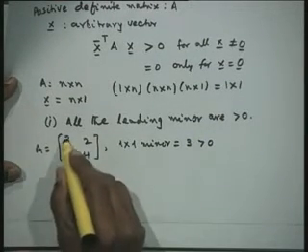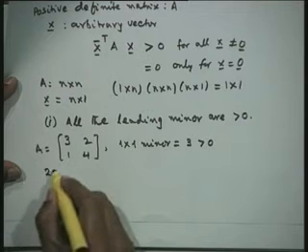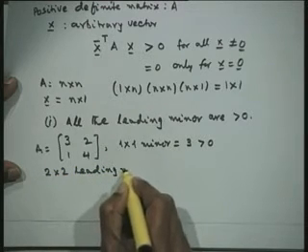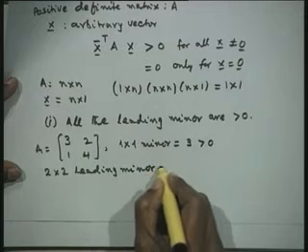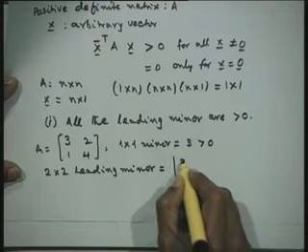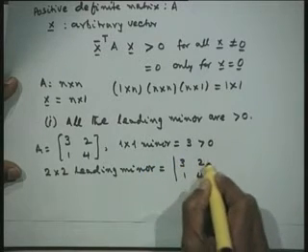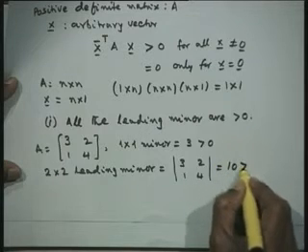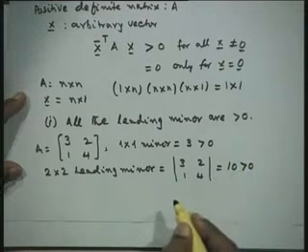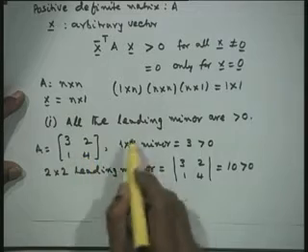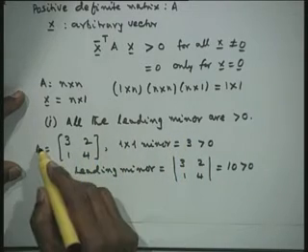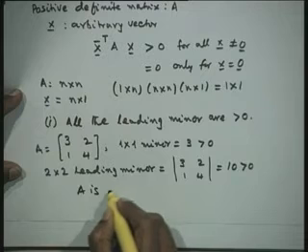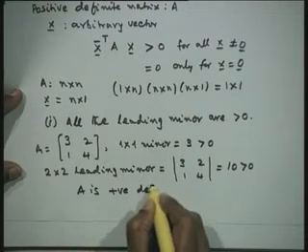Then I need the 2 into 2 leading minor, that will be simply the determinant of 3 2 1 4, that is equal to 12 minus 2, that is 10, which is greater than 0. Therefore, by this definition, A is a positive definite matrix.